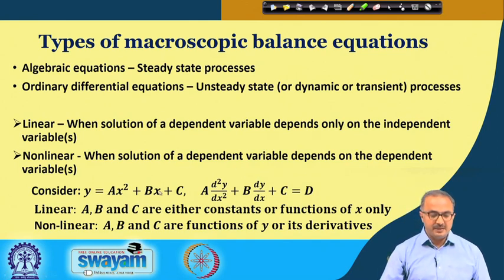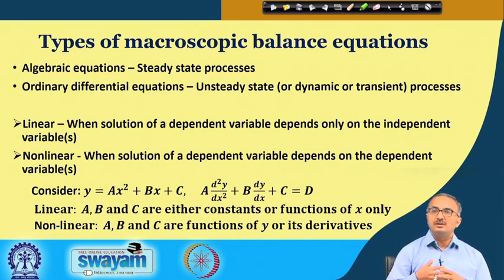Now, when a, b, c and d are constants, then we say these are linear equations. But if we find that these a, b, c, d are not constants, but they are dependent on the dependent variable, in that case it becomes nonlinear.